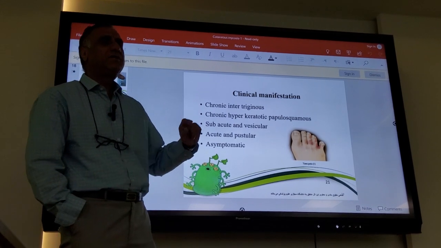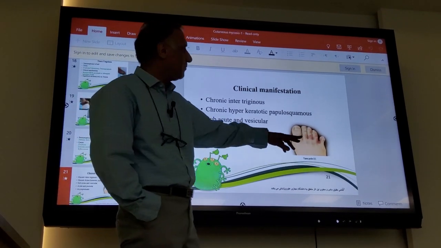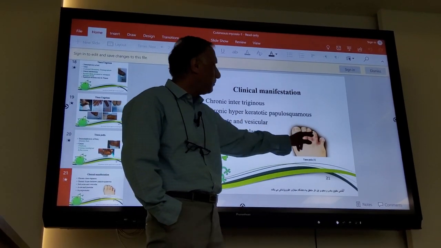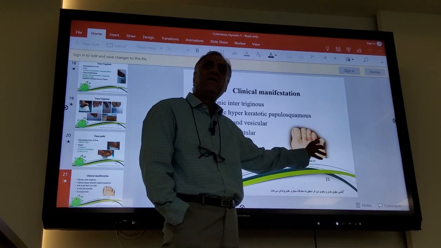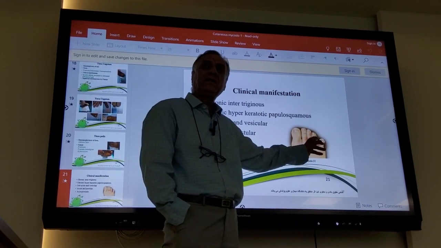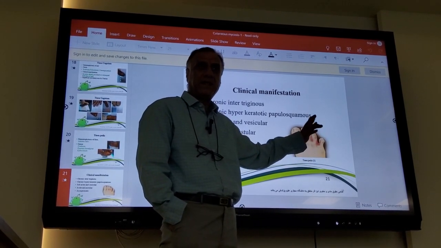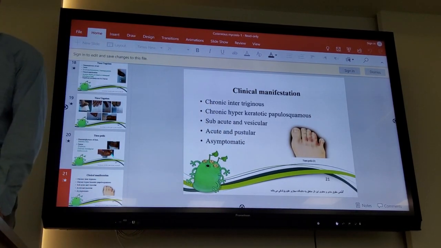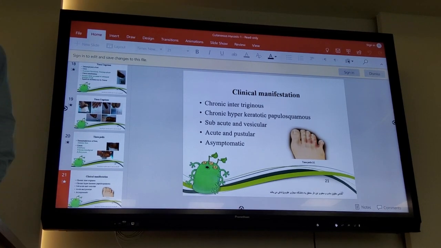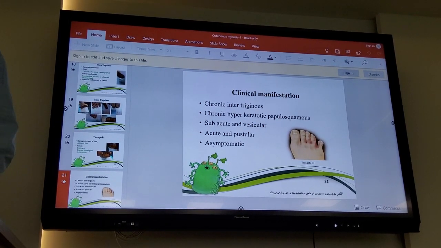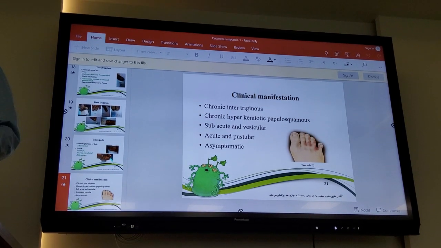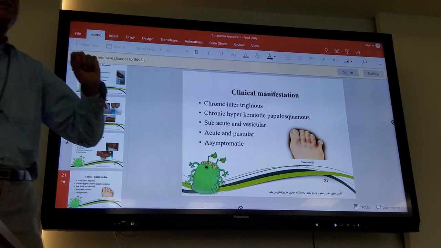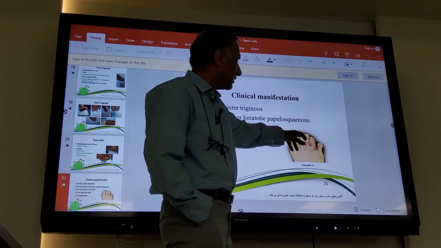Usually, dermatophytosis of the foot, tinea pedis, starts from the interdigital space. The name of the interdigital space in the foot is toe web. Toe web means interdigital space in the foot.